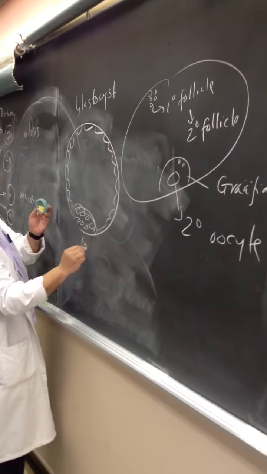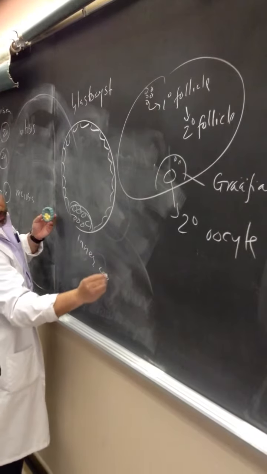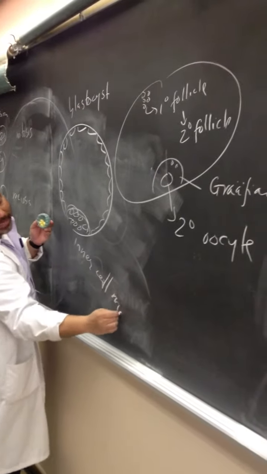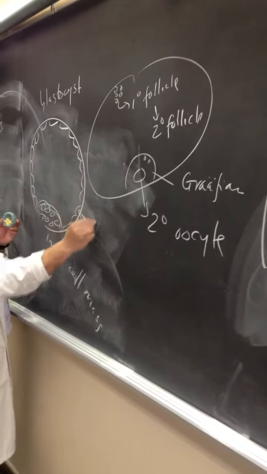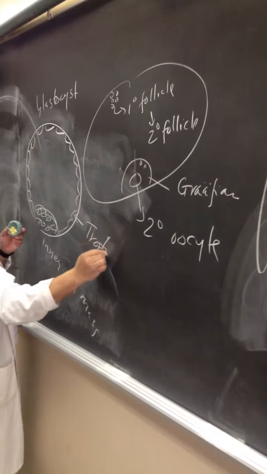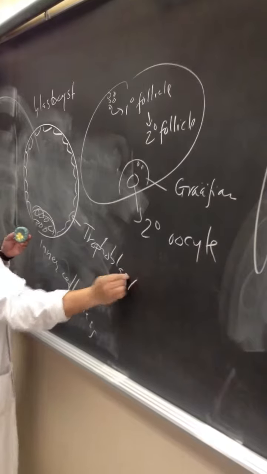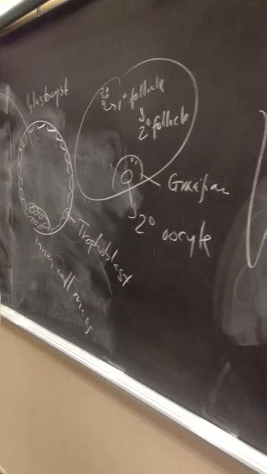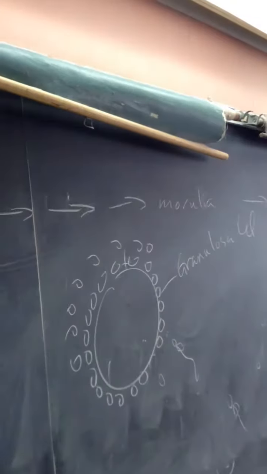This is known as the inner cell mass, and this is known as the trophoblast. Where do you find the trophoblast? This is the blastocyst, and this is the inner cell mass.